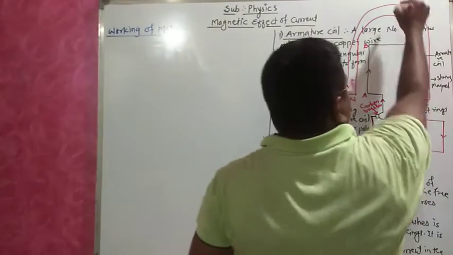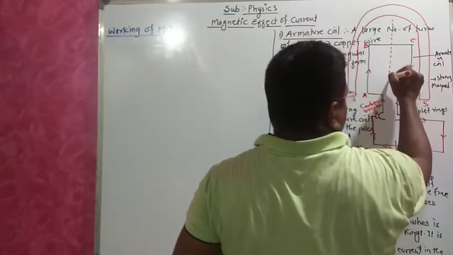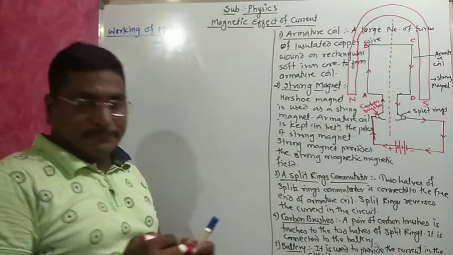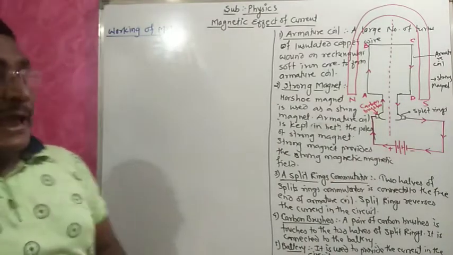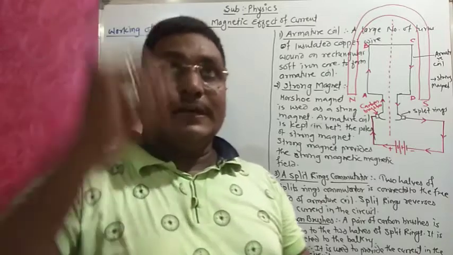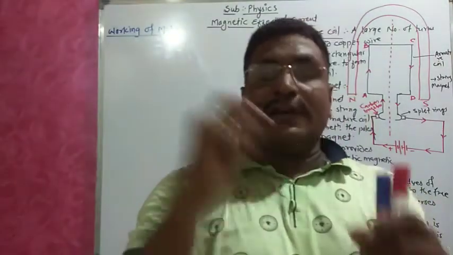In between the armature coil there is the axle, the shaft. You know that a ceiling fan has a shaft at the middle, and the fan moves around that shaft.